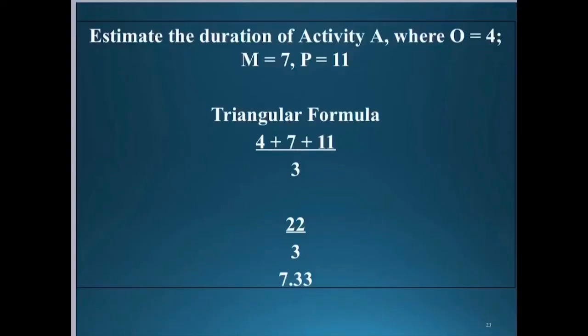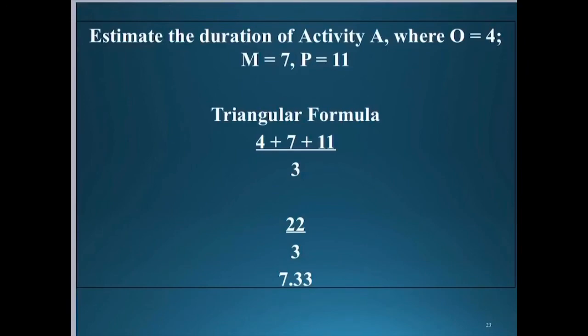So with those values, let us calculate the triangular and beta results for a 3-point estimate. We're going to do 4 plus 7 plus 11 divided by 3 to get the triangular estimate.